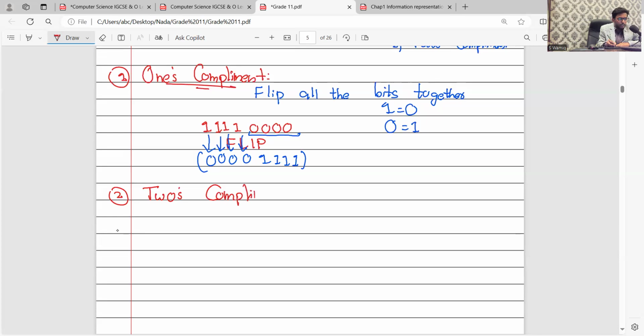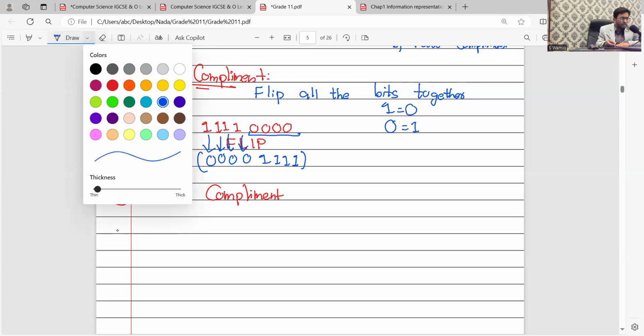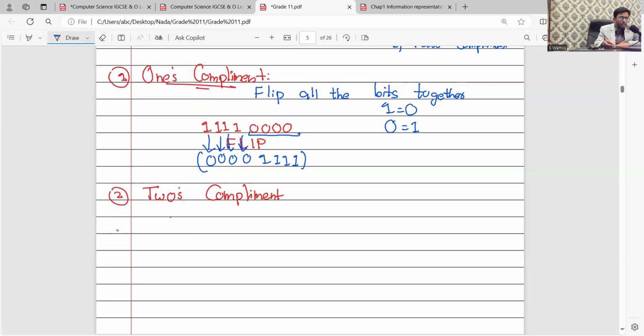And the method for working with a two's complement is that you are given a series of numbers. What is the series of the numbers? The series of the numbers right here is, for example, 1, 2, 4, 8, 16, 32, 64, and minus 128.